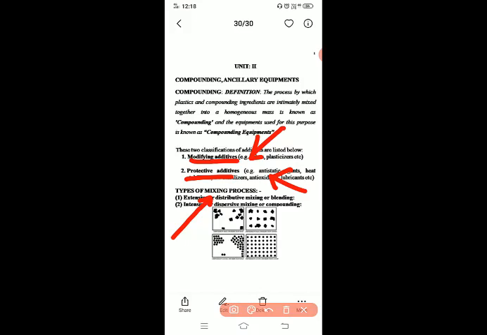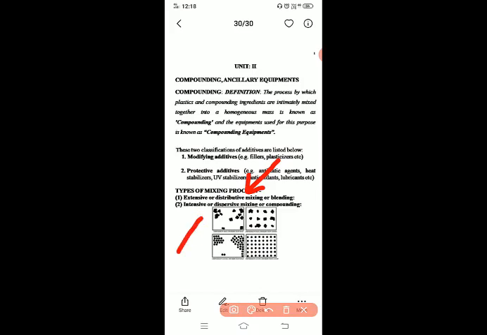In extensive mixing, it is just blending of the ingredients. Say the plastics and the compounding ingredients are just mixed with each other without any stress or without any heat applied, or without any high shear force applied to them. So this is called extensive mixing or distributive mixing.